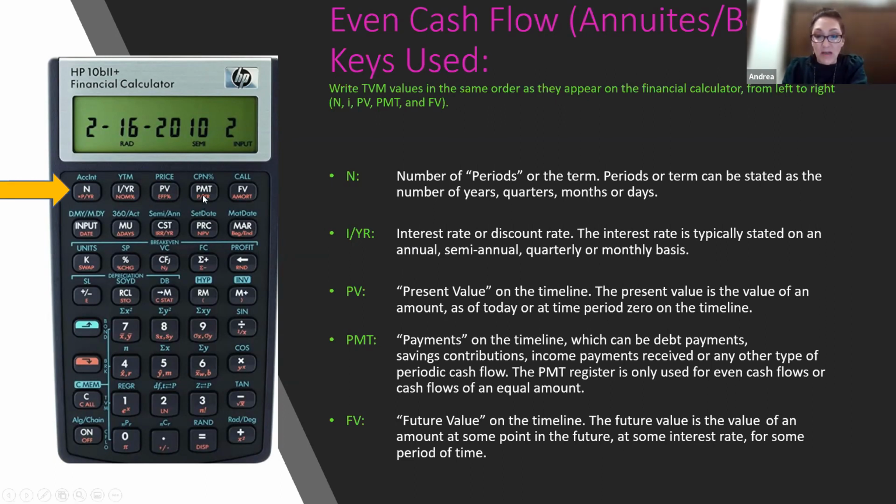Your payment button is used for debt payments, saving contributions, income payments, any kind of periodic cash flow. It is used for even cash flows, or cash flows of an equal amount. And finally, the last button on the top row, far right, is your future value, which is the future value of an amount at some point in the future.